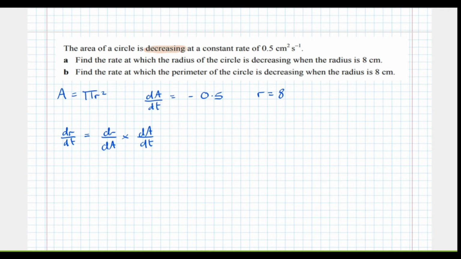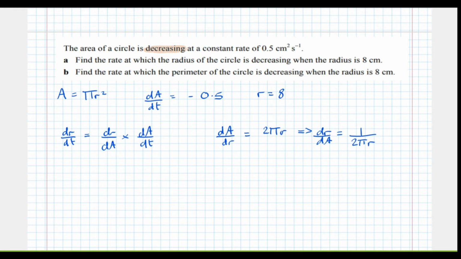What we can find instead is dA by dr, the reciprocal of which is dr by dA. So dA by dr is 2 pi r, which means that dr by dA equals 1 over 2 pi r. So now we've got both of the things that we need.